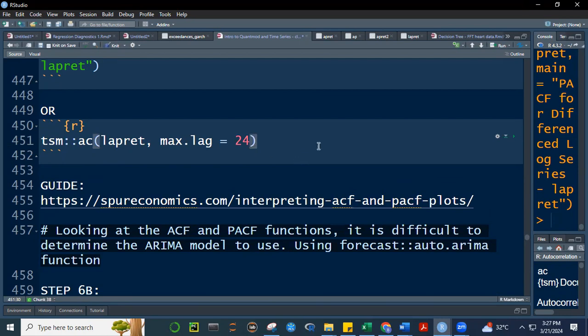It's arbitrary, no? So I'm just using 24. Pag may seasonality, mas maganda kung hanggang siguro 36, para makita natin kung daily yung data natin, 36. So that means 36 yung seasonality natin, no?